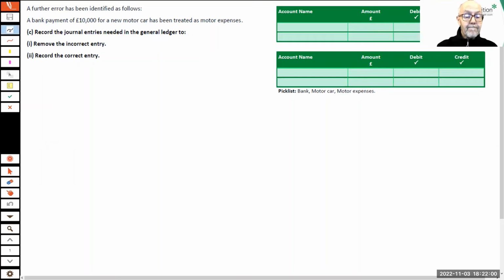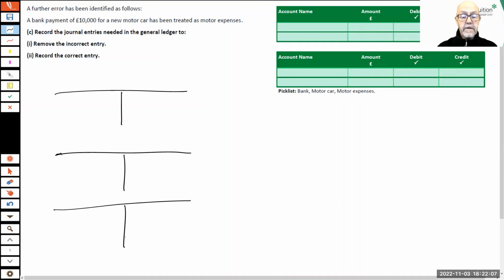Okay, well, once again, let's lay them out like this. You can just pick out the words. We can see bank, we can see car, and we can see motor expenses. Bank, car, motor exp. 10,000 has come out of the bank, has gone to motor expenses.